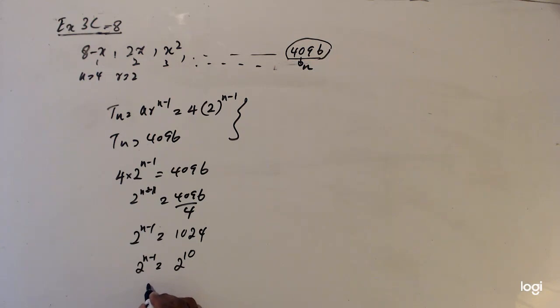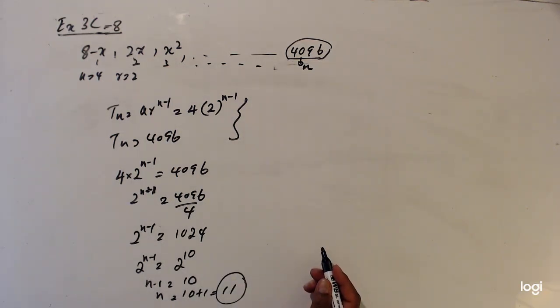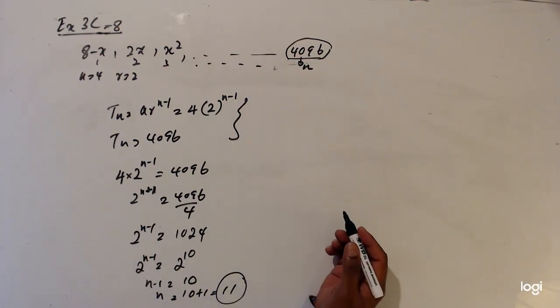Hence we know that n minus 1 equals 10. So then n equals 10 plus 1, that is 11. So 11 is a whole number. Then yes, 4096 is a value of this geometric sequence.